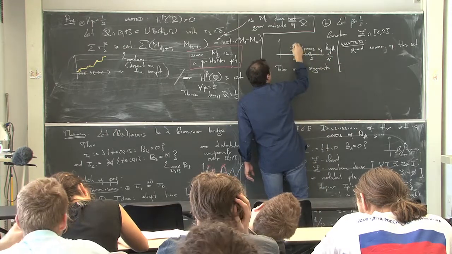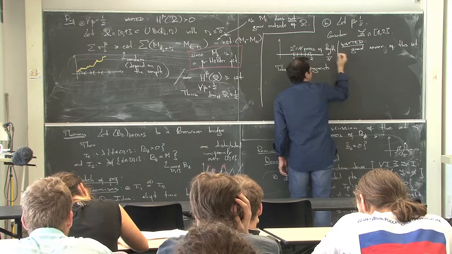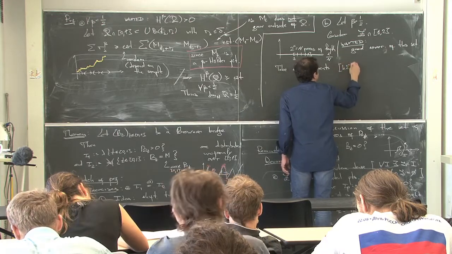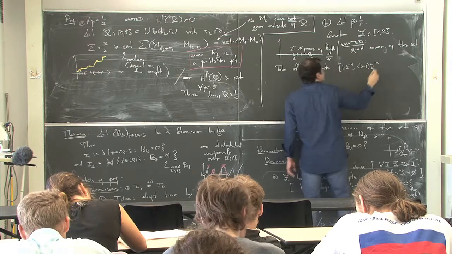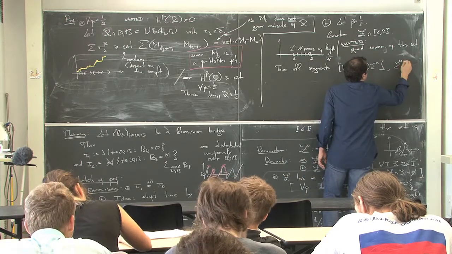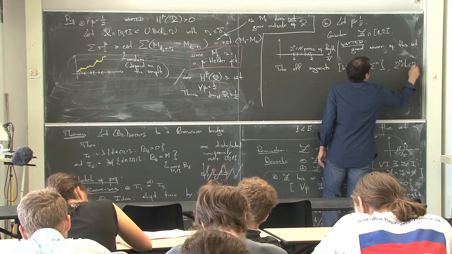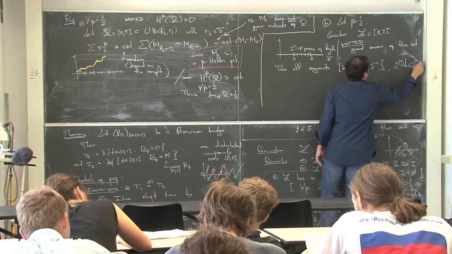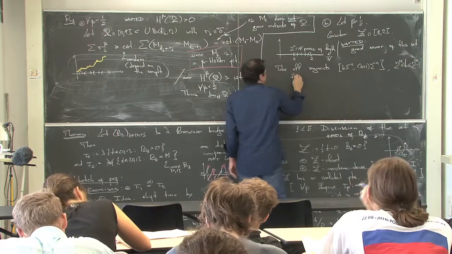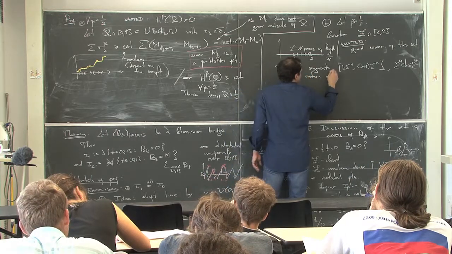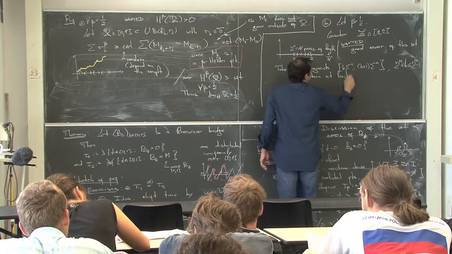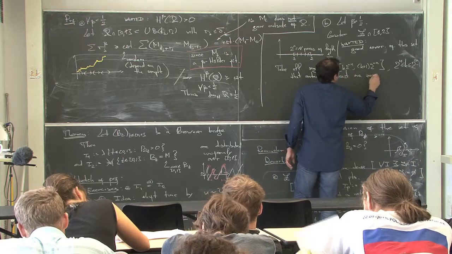Let it be 2 to the power n, all segments [k·2^-n, (k+1)·2^-n] that contain at least one zero.